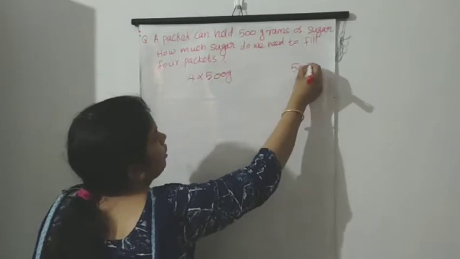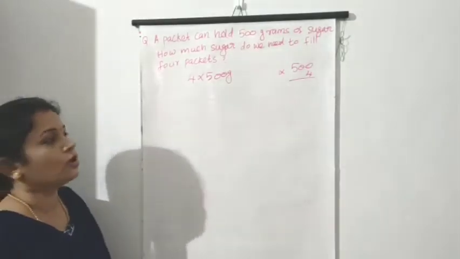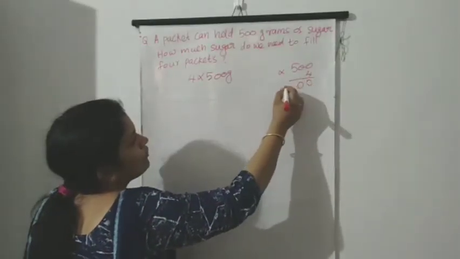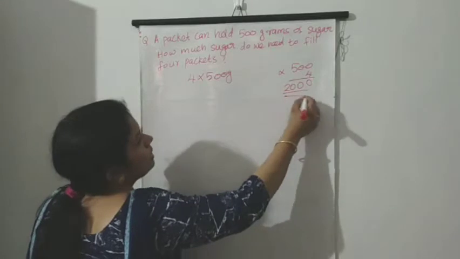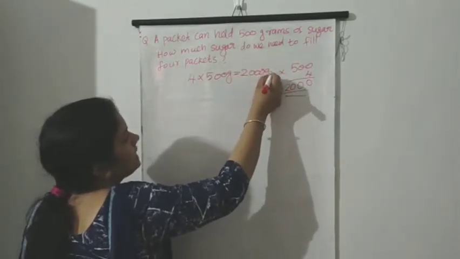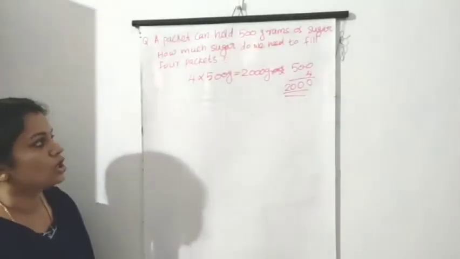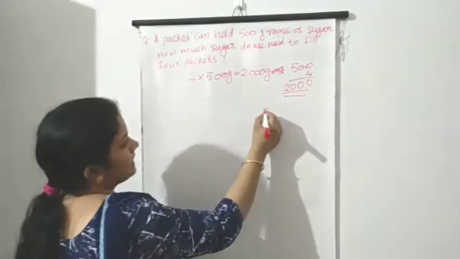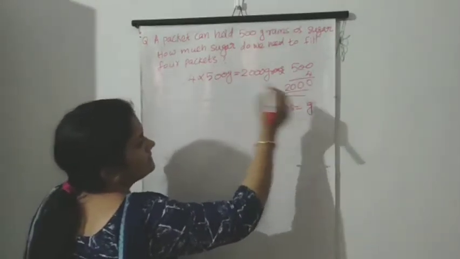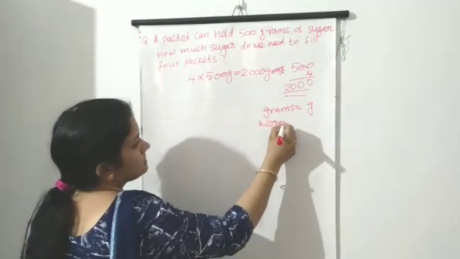So we already know the multiplication table of 4. 4 5s are 20, so we can write 2000 grams. What's the short form of grams? G. Next we can study the kilograms.